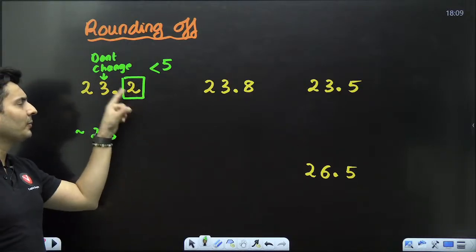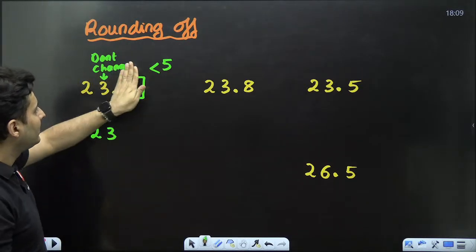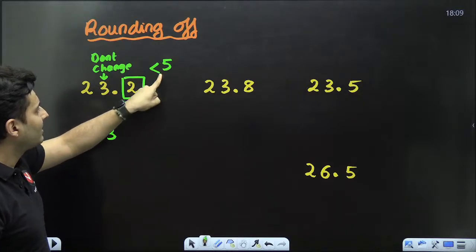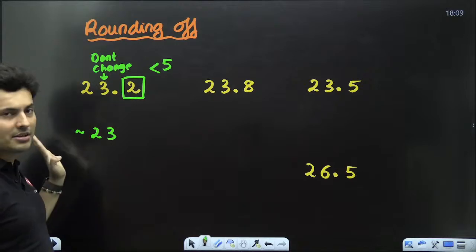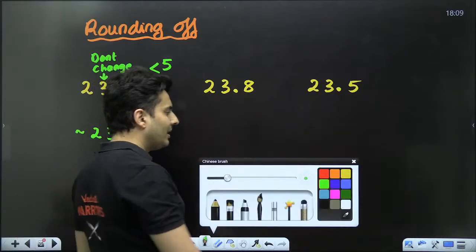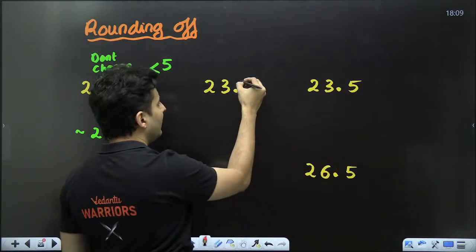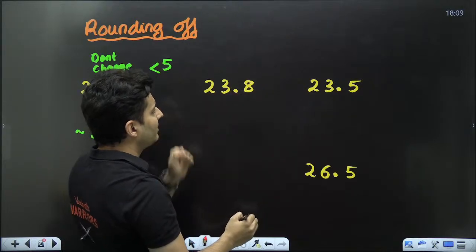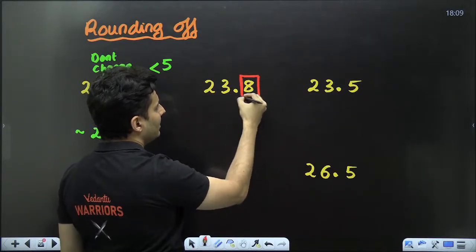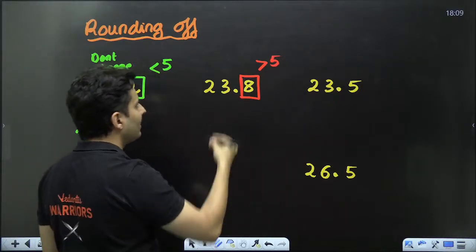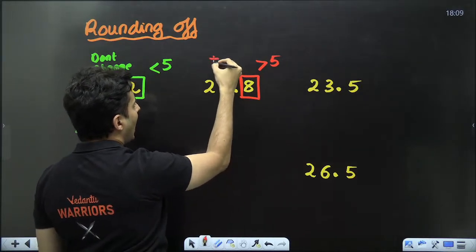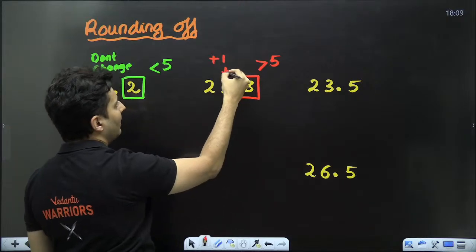You want to round off, you want to get rid of the digit, see if it is less than 5. If it is less than 5, then the previous digit, do not change it. That's the first rule. The next one, check the last digit. Oh, it is more than 5. If it is more than 5, then add 1 to the previous digit.